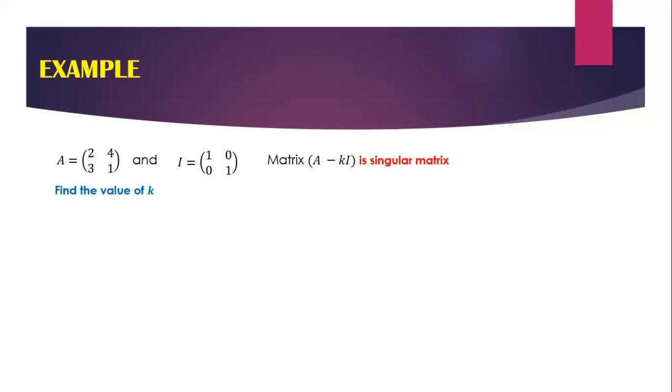Okay, students, we are going to answer this question. The information is A is 2, 4, 3, 1 and the identity matrix is 1, 0, 0, 1.